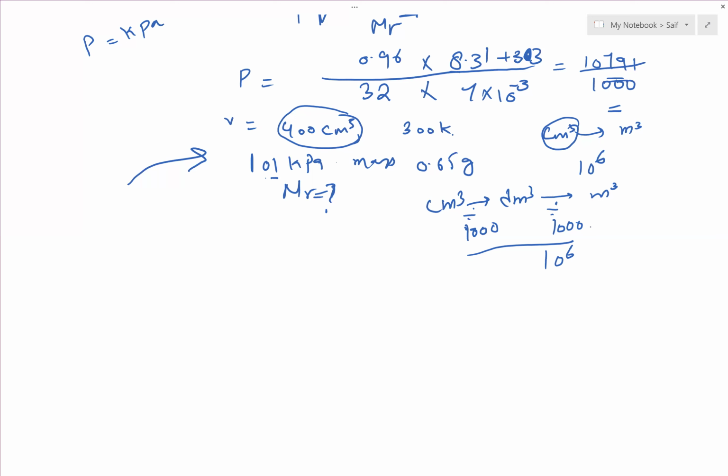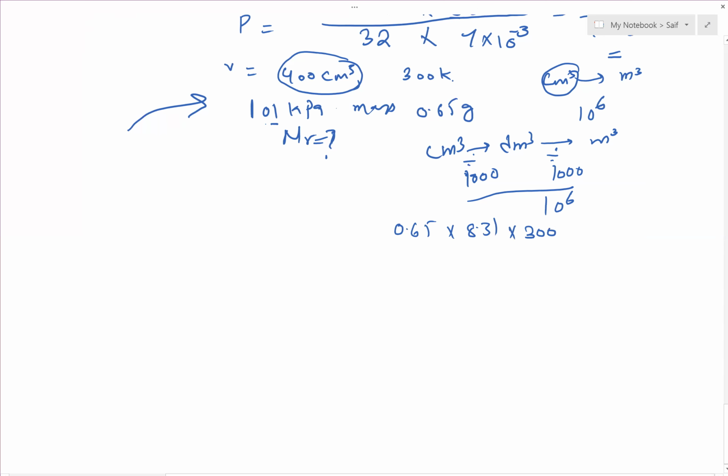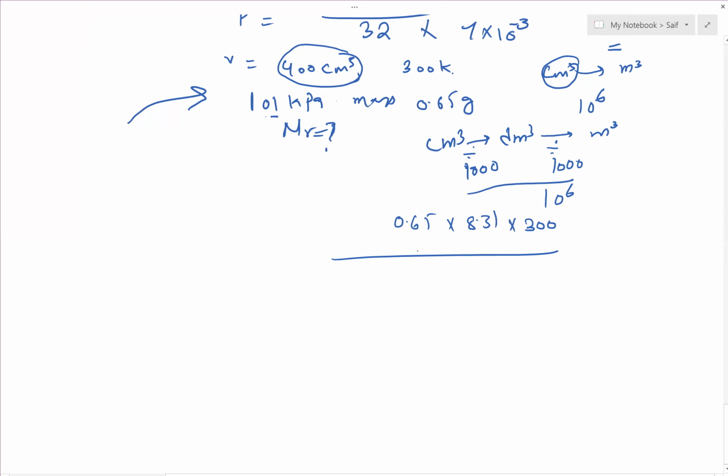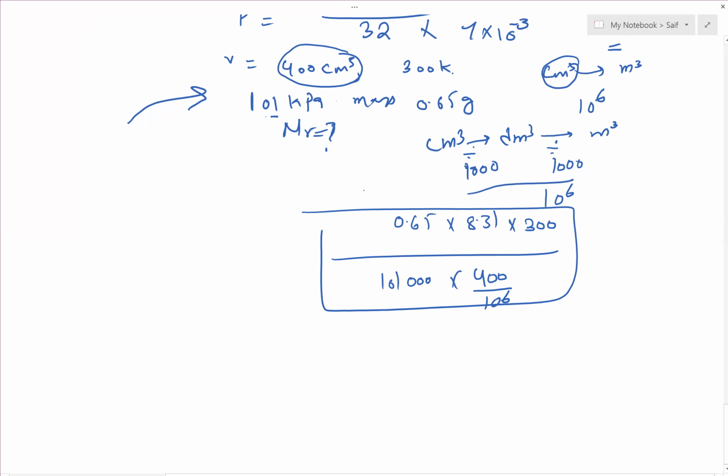Basically what we did was 0.65 multiplied by 8.31 multiplied by 300, and we divided it by 101000 multiplied by 400 divided by 10 raised to power 6. We got the value.